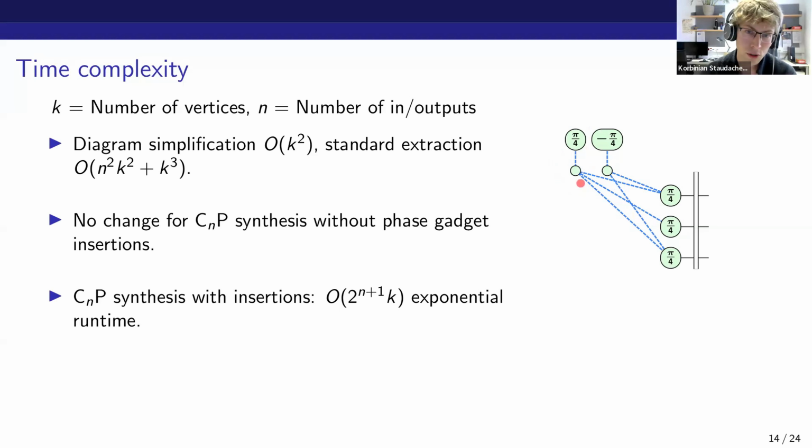So we would insert all the missing phase gadgets of lower degree, which are exponentially many in terms of the outputs. So this then becomes an exponential algorithm, which is not so good. Therefore, if we apply this on circuits with many outputs, it may be useful to somehow limit how many controls an extracted phase gate can have at some point.